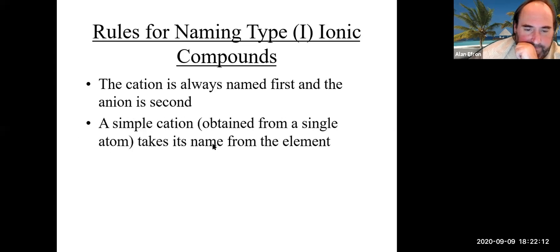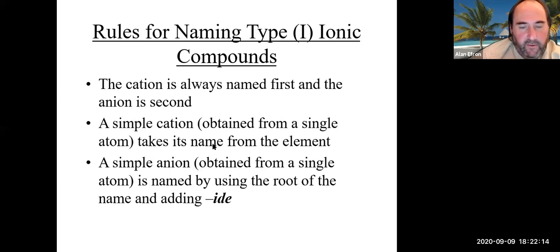So as I just mentioned there, we're going to go cation first. We're going to use the whole name of the element for the cation, and we're going to put the IDE at the end of it for our non-metal. So again here, if we took our NaCl and we were given that, this is a metal, this is a non-metal. Again, the sodium is the important part of it.